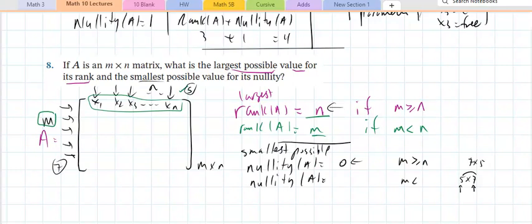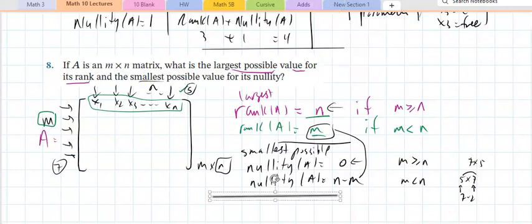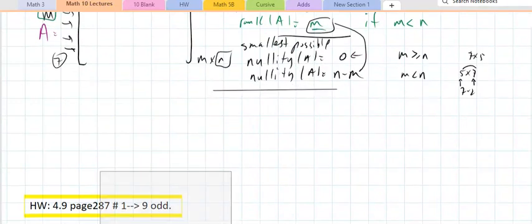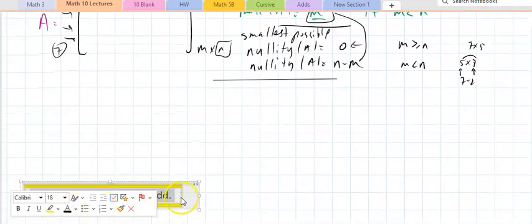So if m is less than n, I'm going to have n minus m, 7 minus 2. When you add those two, you should get the number of columns or variables, the number of pivots available. A bit confusing, but once we do it in practice, you'll see it's straightforward. And that's pretty much it.